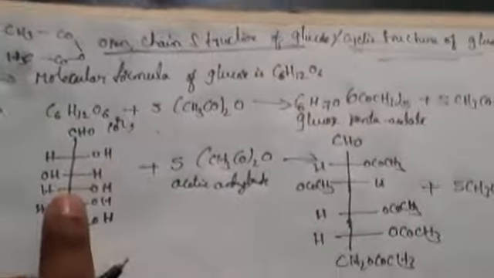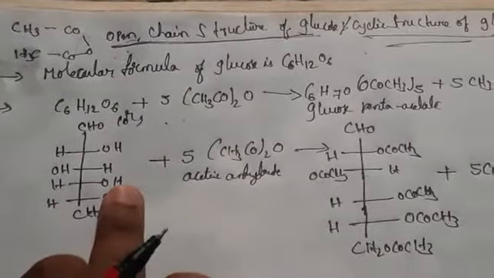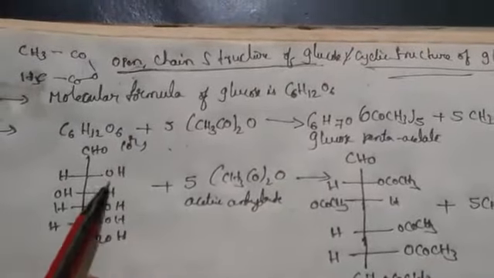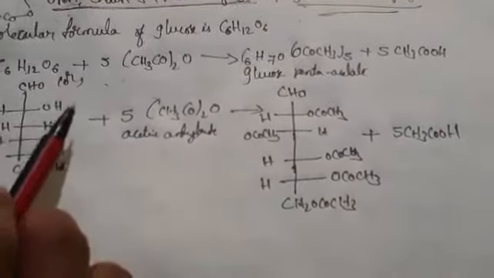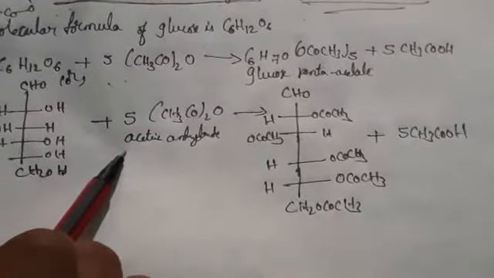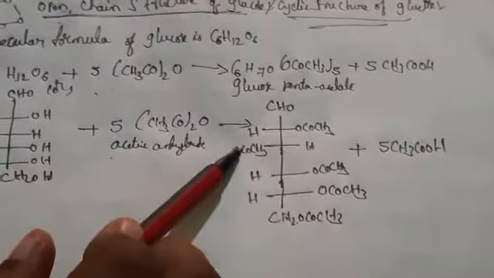So what I have told you, 5 hydroxy groups are present in glucose. How are they present? See here 1, 2, 3, 4, 5. Five hydroxy groups. When you are treating with acetic anhydride, what is it giving?